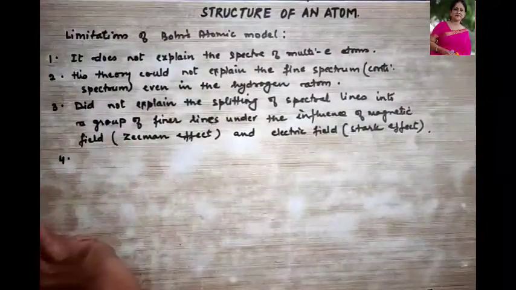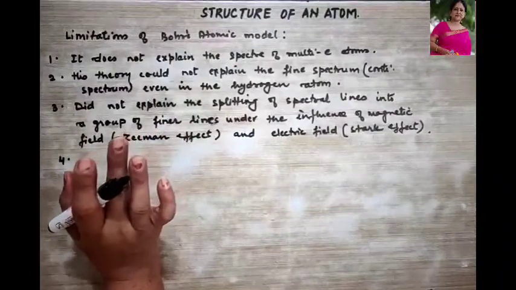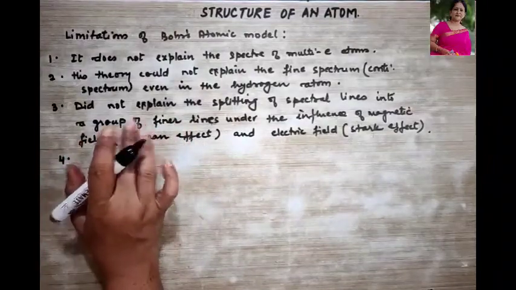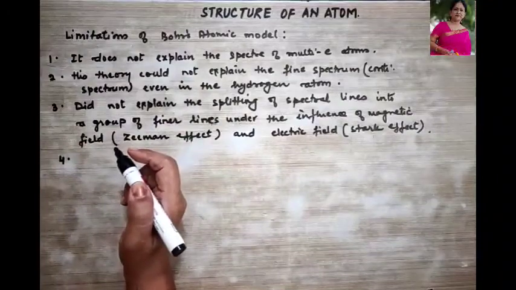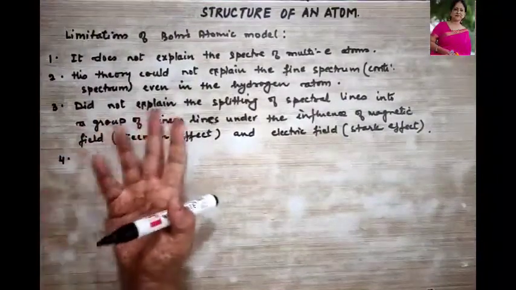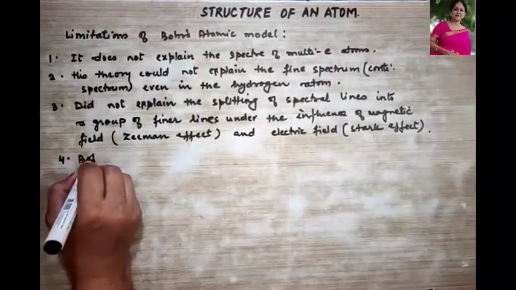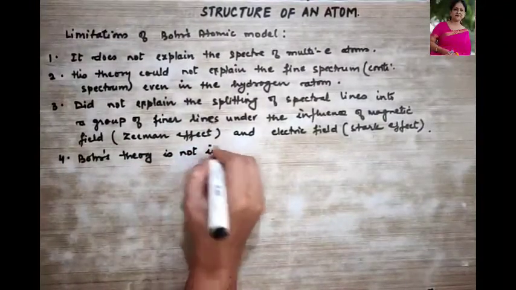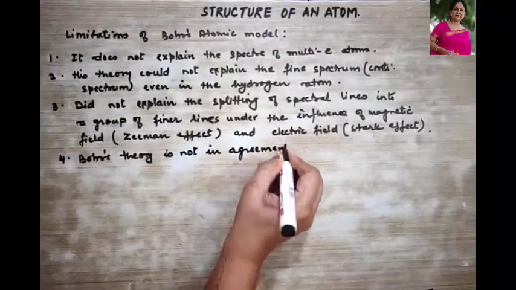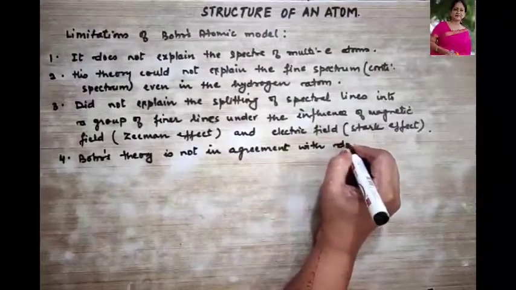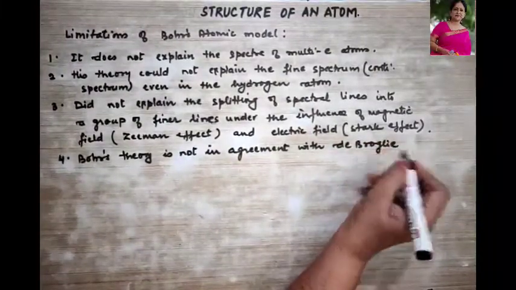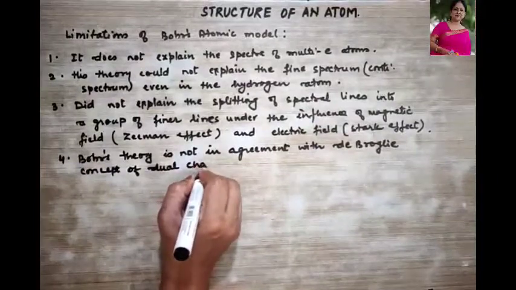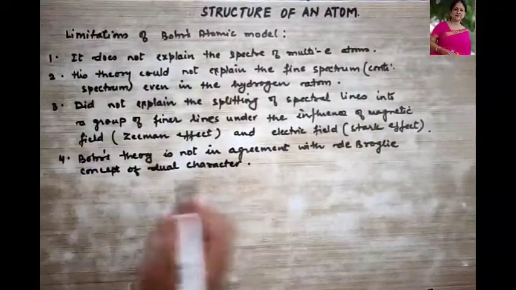Then the fourth point, Bohr's theory is not in agreement with de Broglie's concept of the dual character of matter, which I will be teaching next.